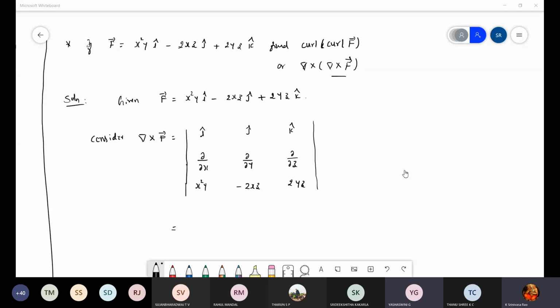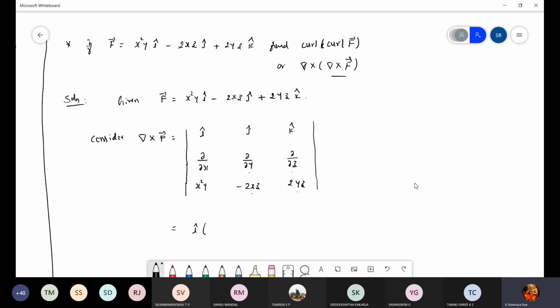Two z plus 2x i cap plus 0 j cap, minus common 2z plus x square k cap. Okay, let me see. i cap into, with respect to this one.